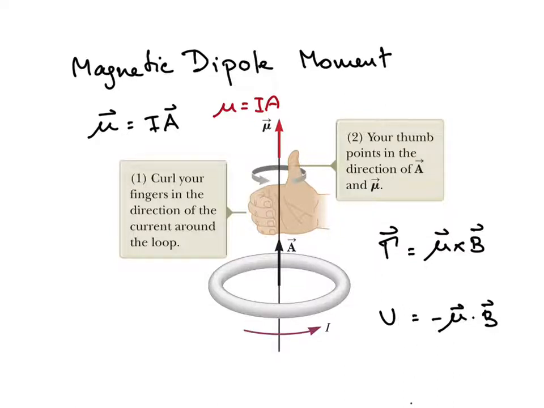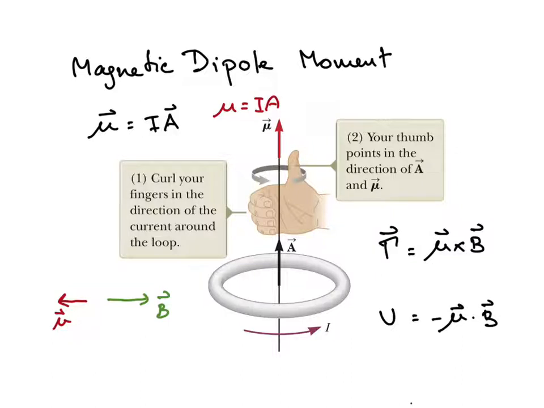Because if we have mu pointing in this direction, and we have B pointing in this direction.